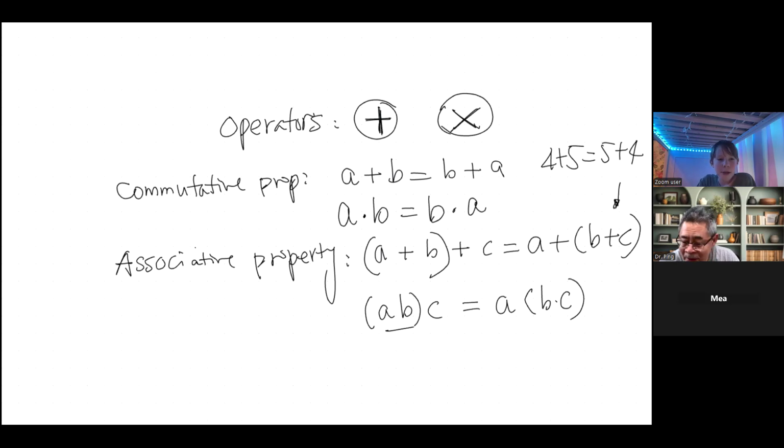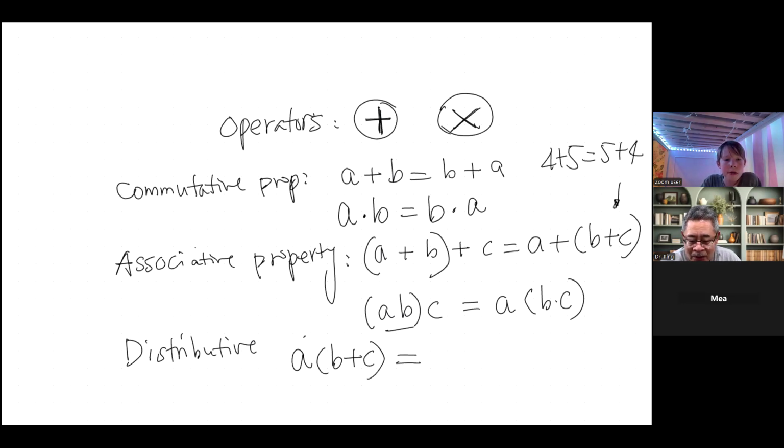And there is also the distributive property, and we actually use that a lot. When you have A times B plus C, we can break that down into A times B plus A times C. That's called distributive.